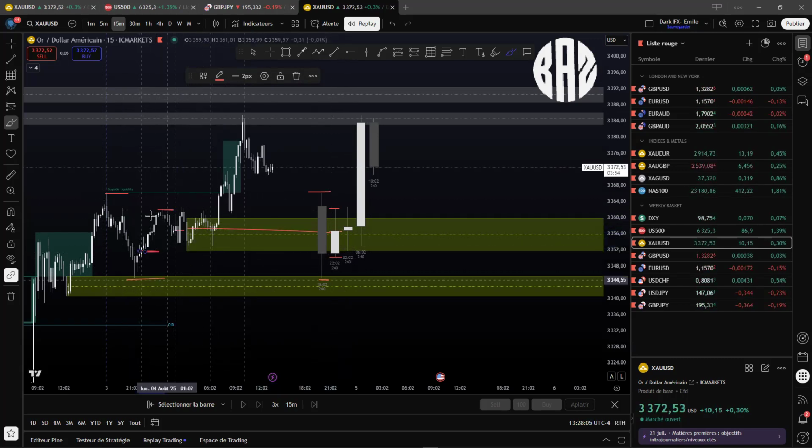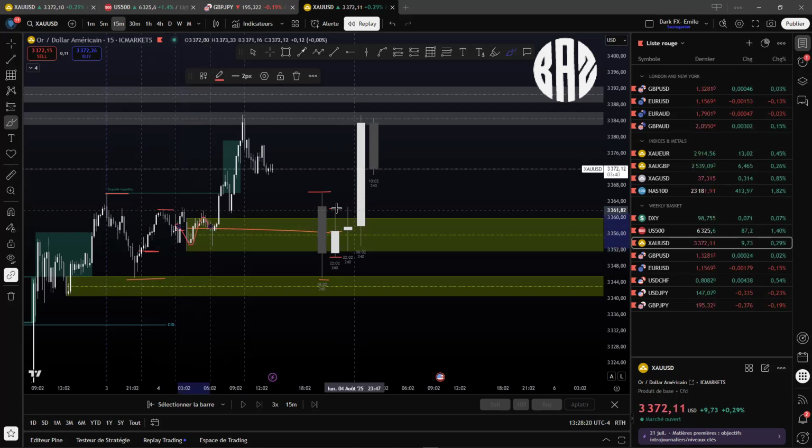What did price do on the next H4? I'm expecting a bullish candle. What should I see? I see the price open first, create a low, and then give me a high move.